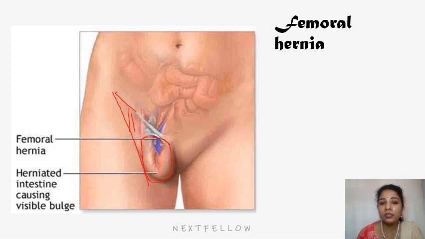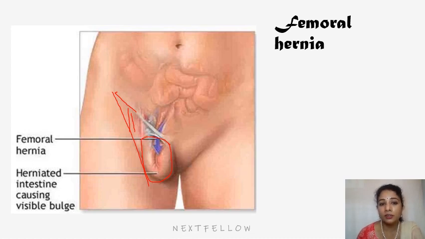And in females, the ring is relatively wider and changes during pregnancy, which explains why femoral hernias account for 20% of all groin hernias in women, but less than 1% of groin hernias in men.